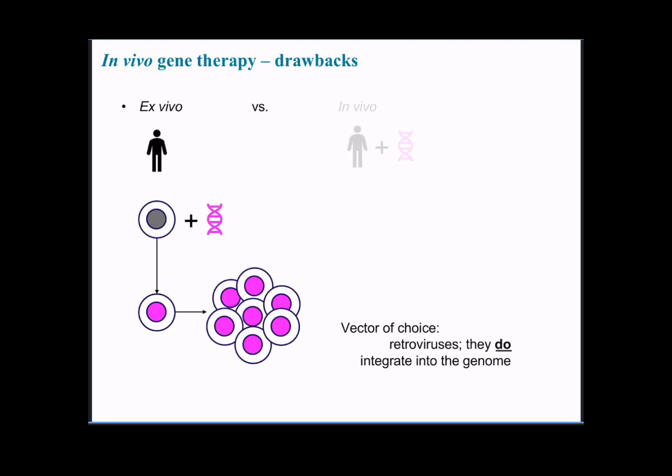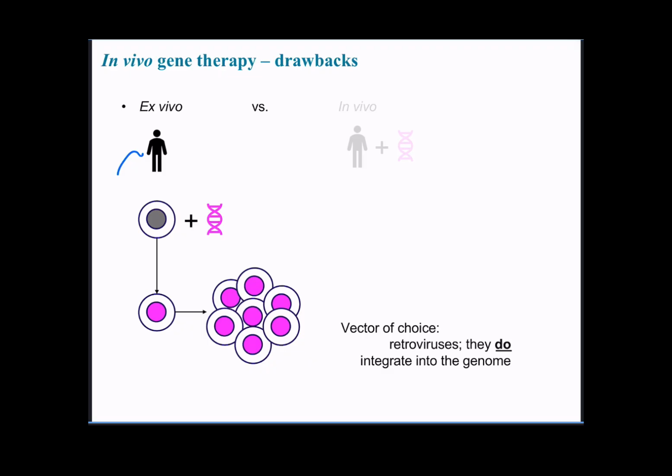Okay? On the other hand, we have these ex vivo therapies, and what this cartoon is supposed to show here is the approach as follows. You have a patient with a given condition. Again, typically these are conditions caused by the lack of a given gene, so you're trying to reintroduce a gene into this patient.